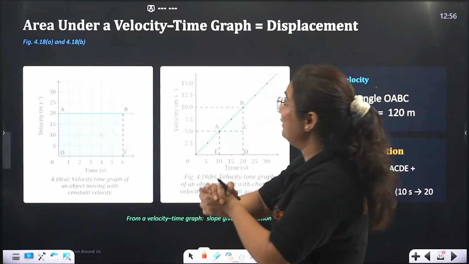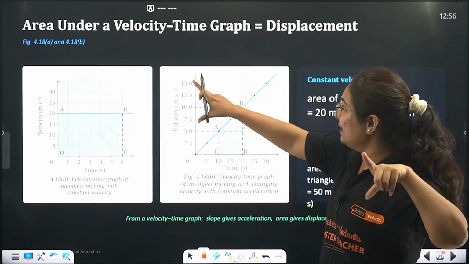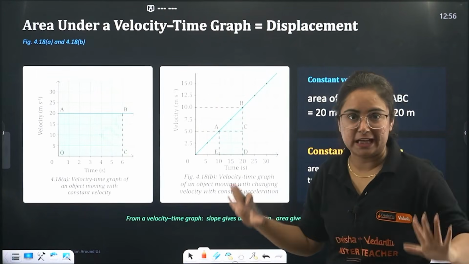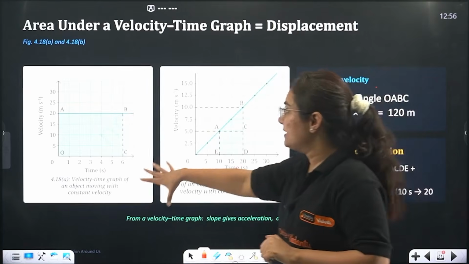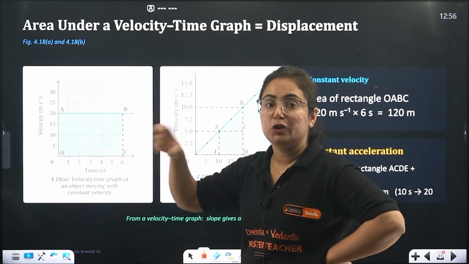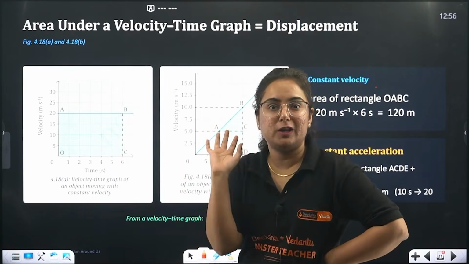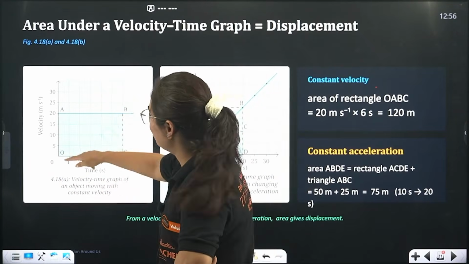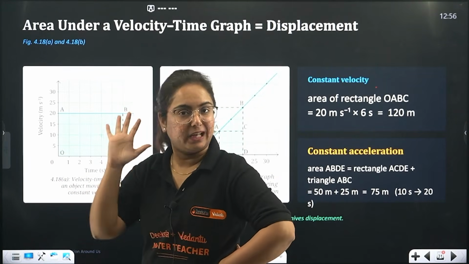Okay, so now we will learn how to find the area under a velocity time graph, that is how much area an object covered. So there are two cases. Case number one, when the object was moving at a constant velocity, that means at the 0 point, the point of origin, the object was at 20 meter per second velocity.